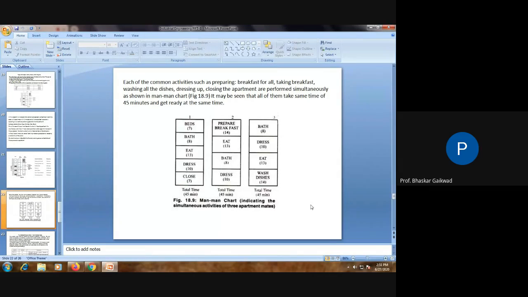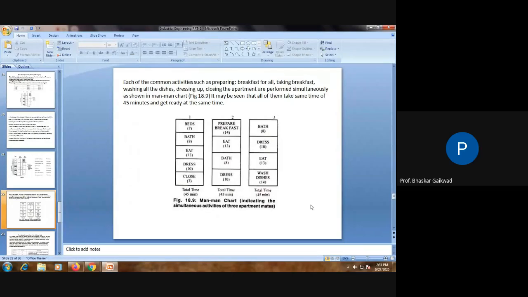It means it is possible to do the activities with separate men, or we can have one man do two activities also. So the simultaneous study of the activities of three apartments is shown in the figures, and the calculated time is 45 minutes. In industry you can also study the machine: loading, unloading, operation, inspection.